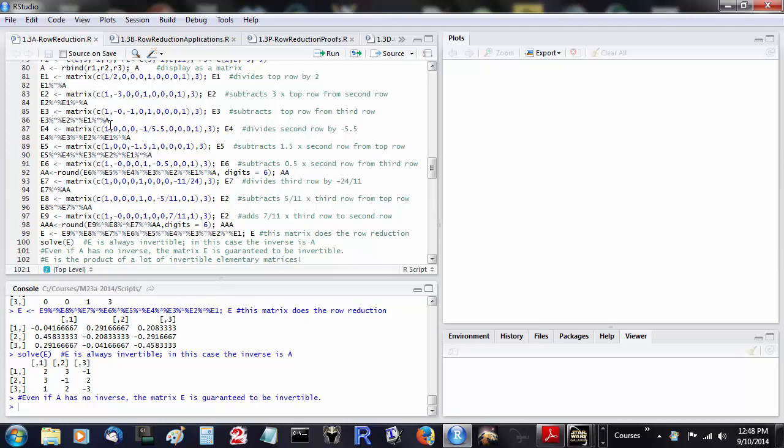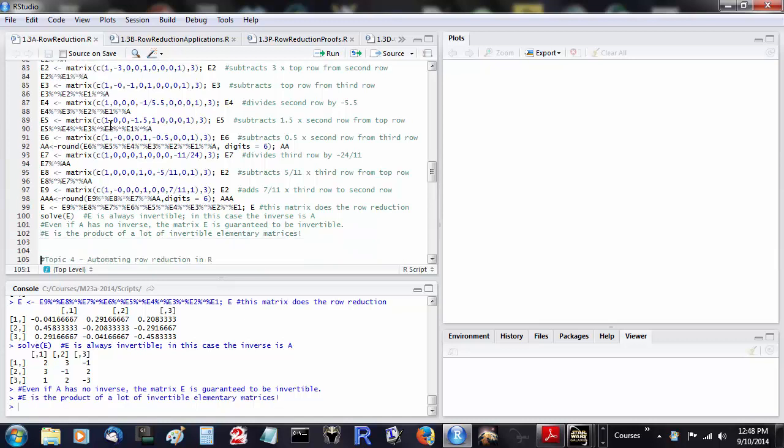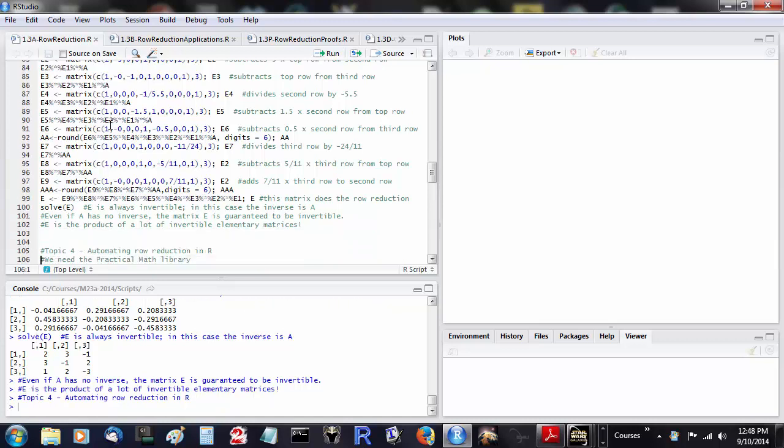But there's no requirement that A has to have an inverse. Whether or not A has an inverse, whether or not it can be row reduced to the identity matrix, this matrix E is guaranteed to be invertible.